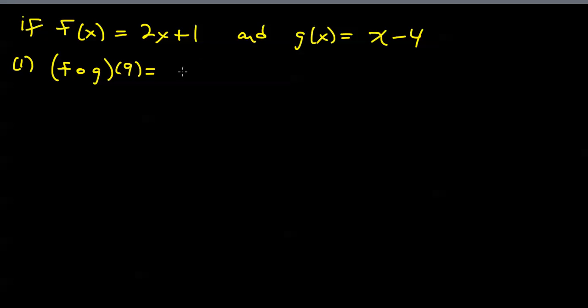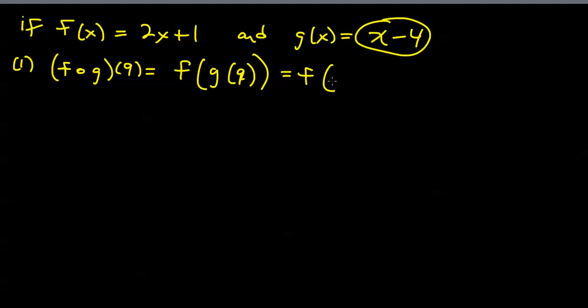Alright? Well, not a problem. F of g of 9 is the correct layout. So g of 9 is going to be my inner function evaluated at 9. Let me do that first. G of x is x minus 4, so g of 9 is 9 minus 4.